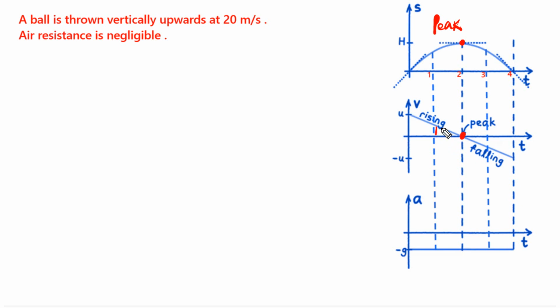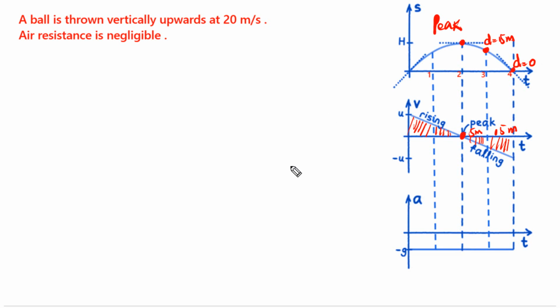As we can see here, these two triangles are the same, and the area is also the same. So this area is equal to 5 meters, and if we look at this next area, it is equal to this one, and this area is equal to 15 meters. So it simply means that after 1 second, the ball will reach this point, and here the displacement of the ball will be equal to 15 meters, and then finally the ball will reach this point and displacement will be equal to 0.